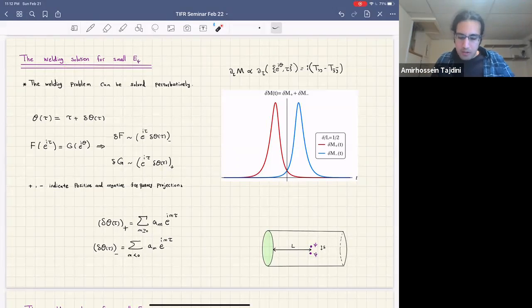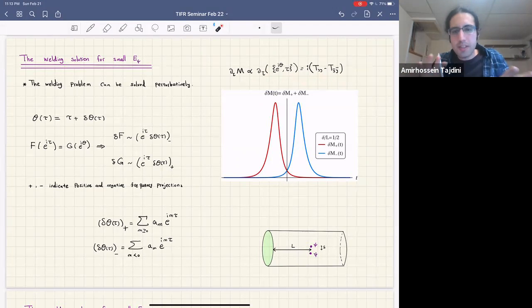And now, as we discussed in the previous slide, when you feed this into the equation of motion for gravity, you can solve for this delta theta of tau, or you can solve for the change in the mass of the black hole, delta M. And this is what you get. The mass of the black hole will be given in terms of basically two pieces.